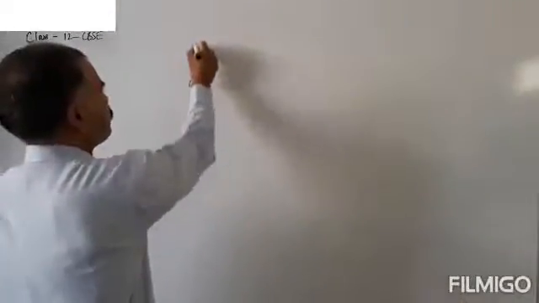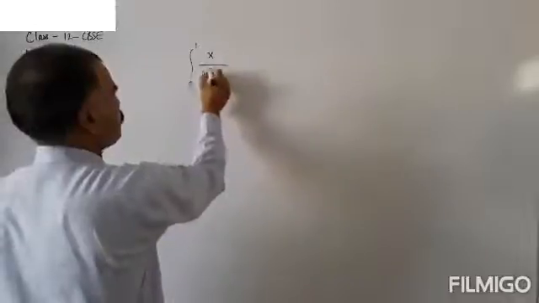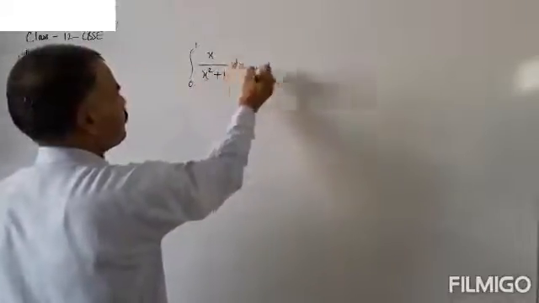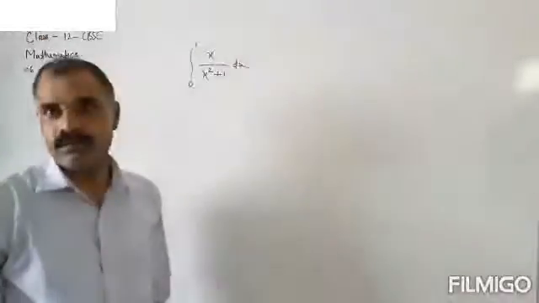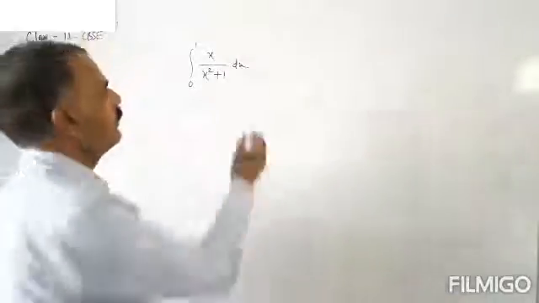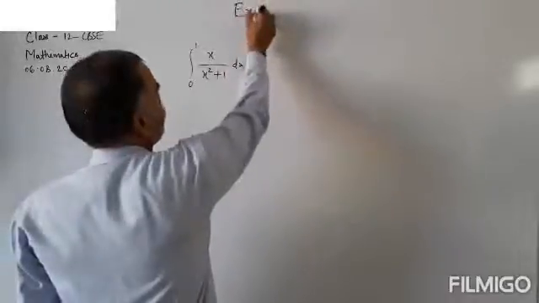The first question is the integration from 0 to 1 of x upon x square plus 1 dx. We have to find the value of this integration. This is question number 1, exercise 7.10.